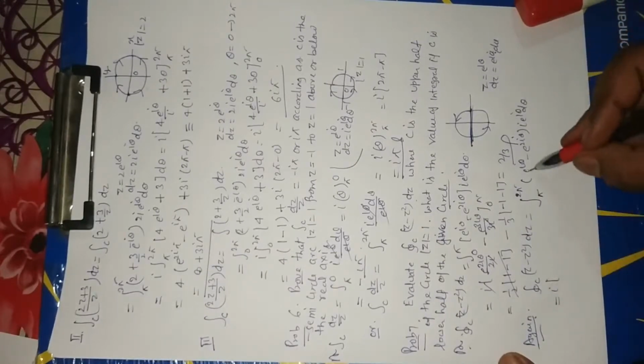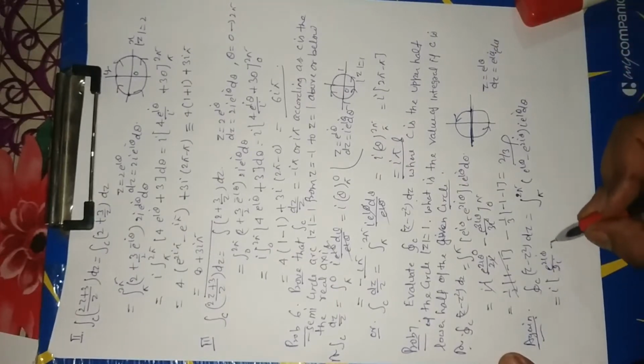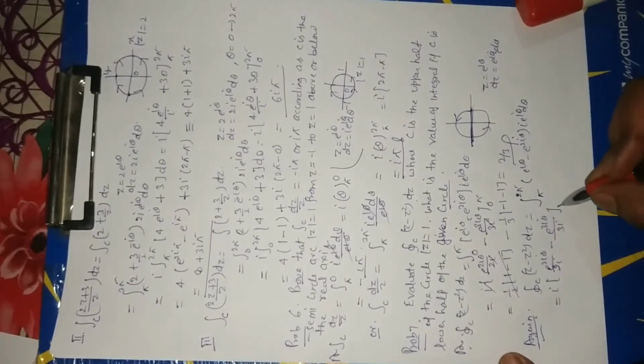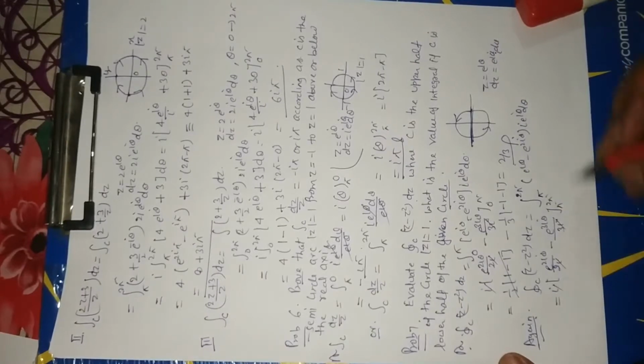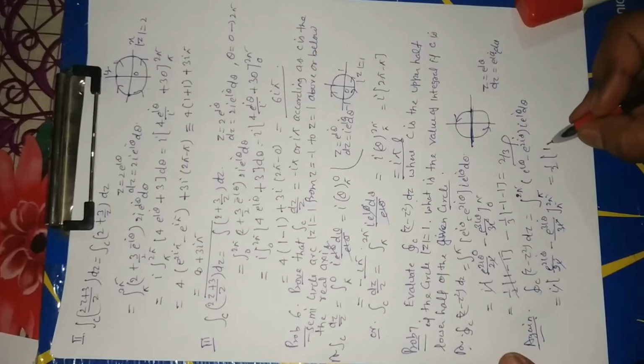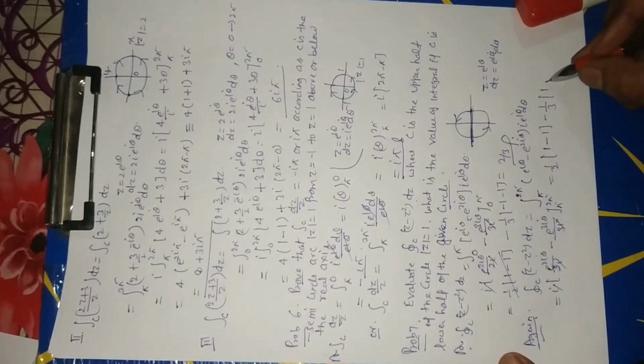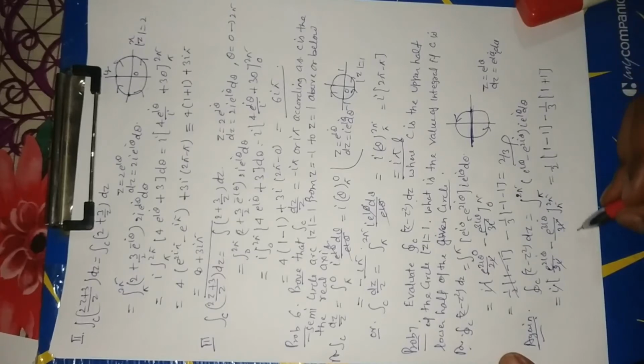This is equal to i times, now multiplied and integrated, e to the power 2i theta upon 2i minus e to the power 3i theta upon 3i, limit pi to 2 pi. Now i cancels by this. This is equal to 1 upon 2, now putting the limit, e to the power 4 pi i minus e to the power 2 pi i, this equals 1 minus 1, then minus 1 upon 3 times (e to the power 6 pi i minus e to the power 3 pi i), this equals minus 1 minus 1. This is equal to minus 2 by 3, the complete solution.